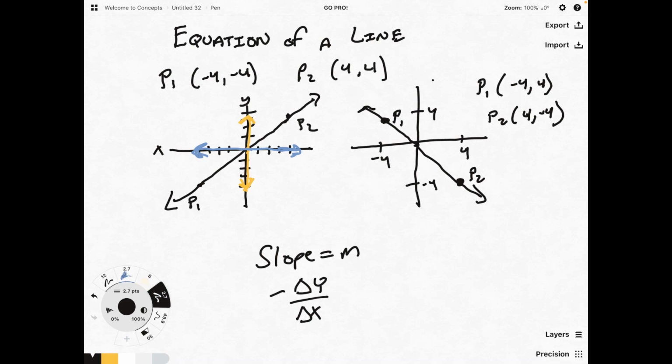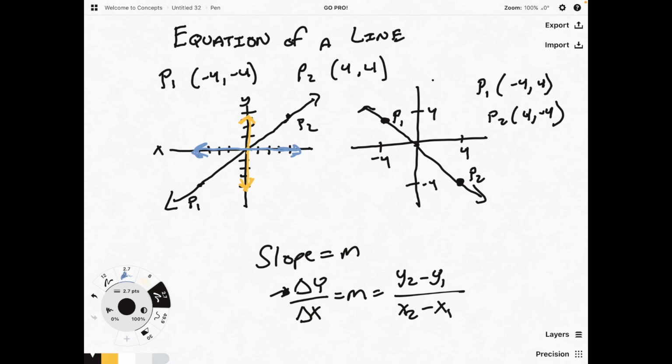This delta sign, again, just means the change in. And the change in is another way of saying the difference or the subtraction. This is equal to our slope, which is also equal to y2 minus y1 over x2 minus x1.